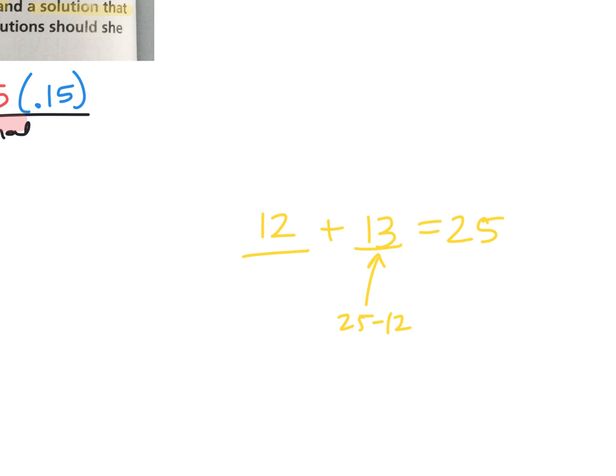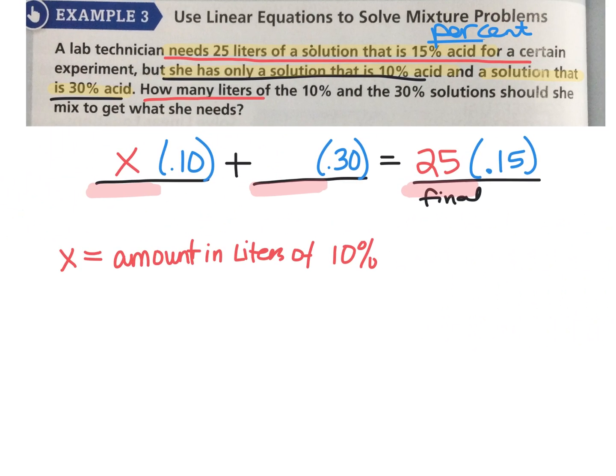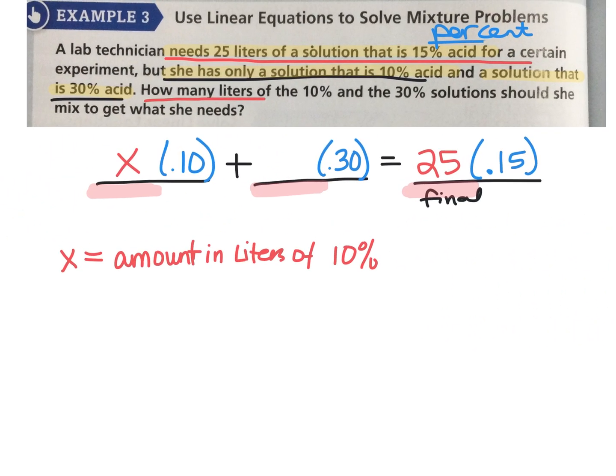But in this case, I don't know that it's 12. I just know that it's some amount, which is X. So to find the other amount, it would be 25 minus X. Back in our problem, the amount of the other solution that I need is 25 minus X, because 25 is the total and X is one part, so that gives me the other part.